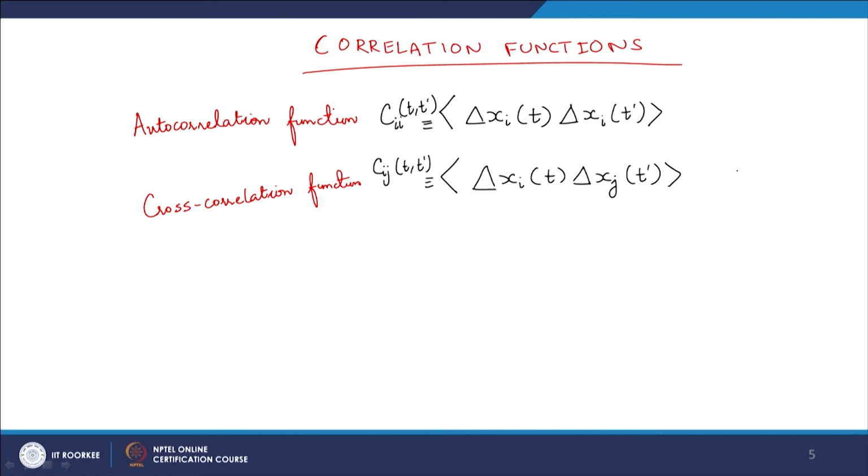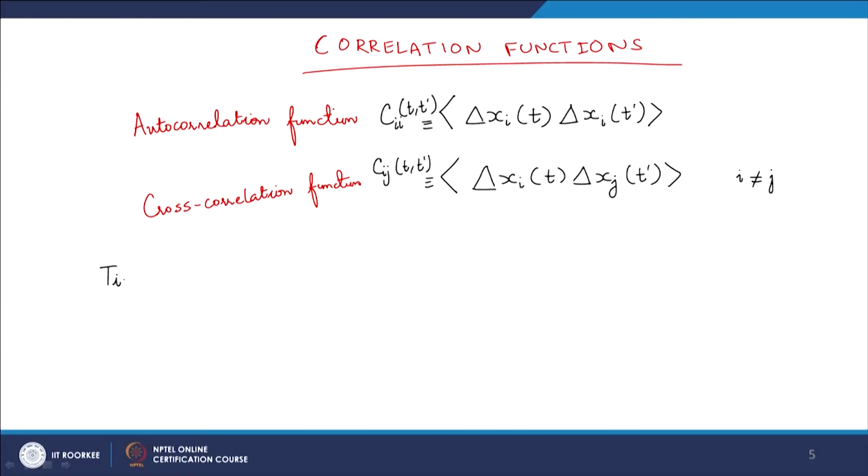In the second case, i is not equal to j, because if i is equal to j, then we have the autocorrelation function.